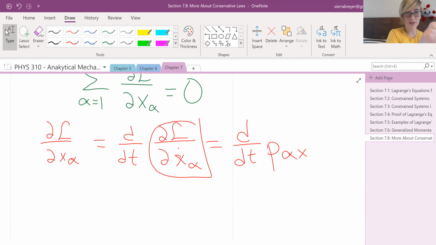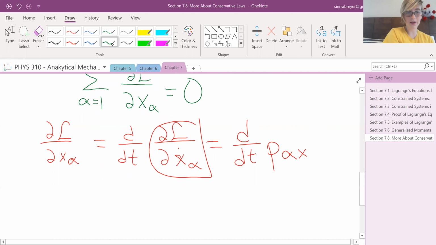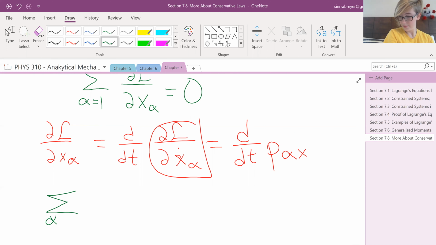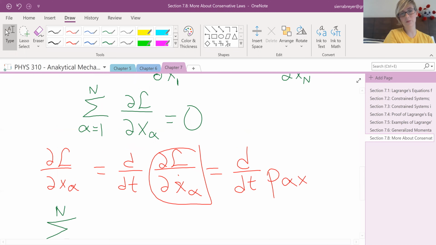Write this in green again, because we're going back to sigma notation here. The sum from alpha equals 1 all the way to that nth particle. We're going to replace what's inside the sum here with all this.